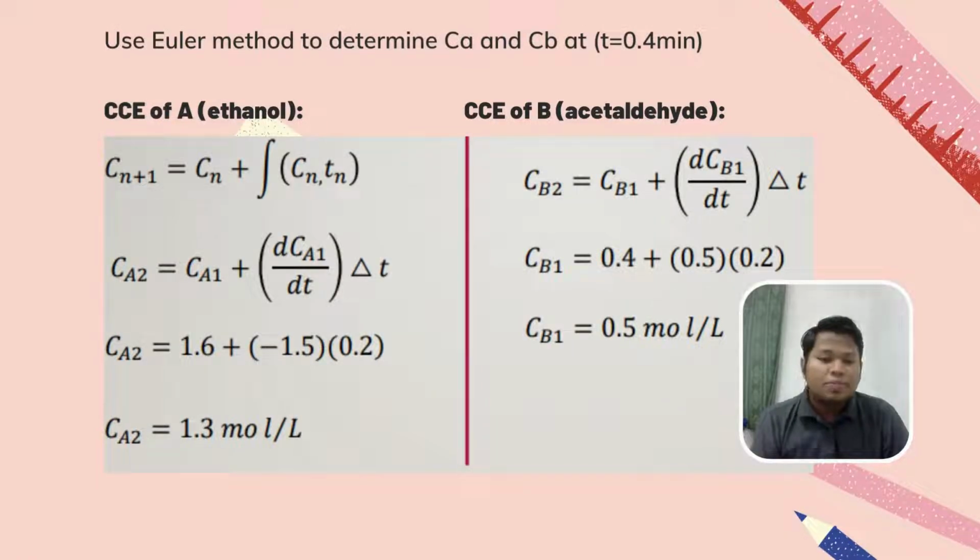Finally, applying the same Euler method using the rates of change at t of 0.4 minutes, we get the concentrations of A and B at t of 0.4 minutes to be 1.3 and 0.5 mole per liter respectively. So the basis of the Euler method is that we estimate the new concentration using the rate of change, which we calculate using the previous concentration.